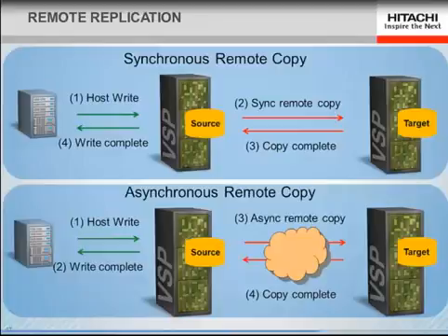However, there's no performance degradation if we're going a very long distance from the source to the target. These are typically used for long-distance remote replication. So if you're replicating from, say, New York to California, we would use asynchronous. Whereas if we were replicating from New York to New Jersey, we may use synchronous.